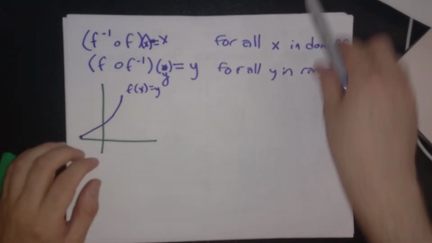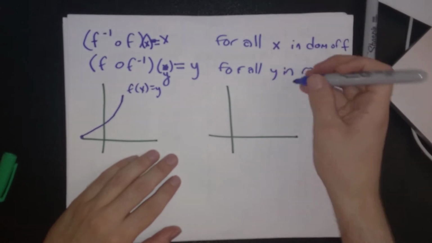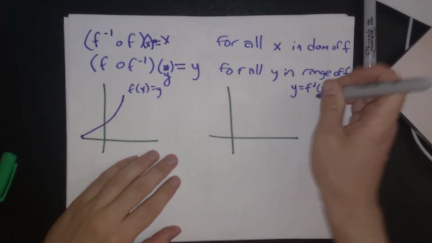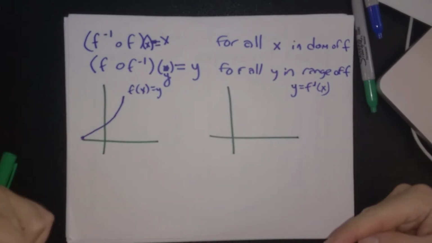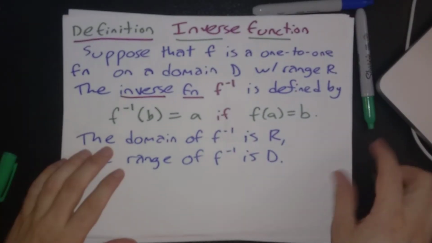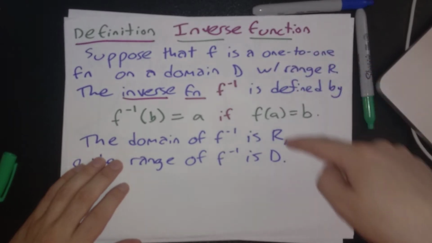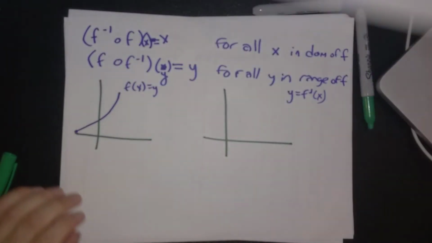Let's draw a picture over here of what y is equal to f inverse of x looks like. So remember, domain becomes range, and range becomes domain. The range of our original function is the domain of the inverse, and vice versa.